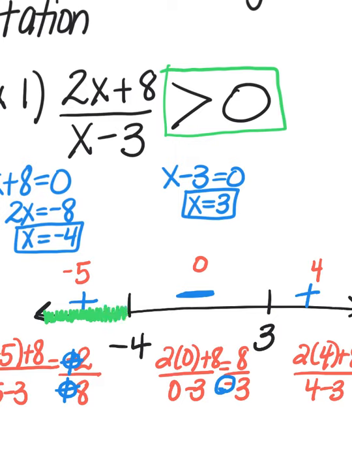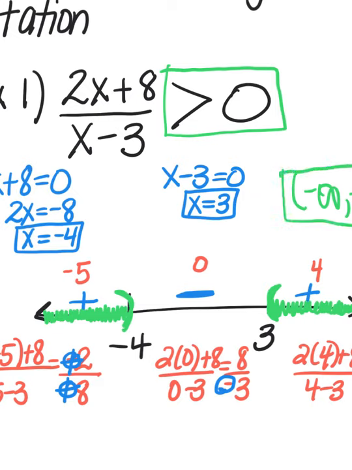And then the far right interval from 3 to infinity gives positive outputs. So there's my shading of my intervals that satisfy the inequality. It's greater than, so I'd be using parentheses here. All right, so writing that in interval notation, it's from negative infinity to negative 4, and then 3 to infinity.